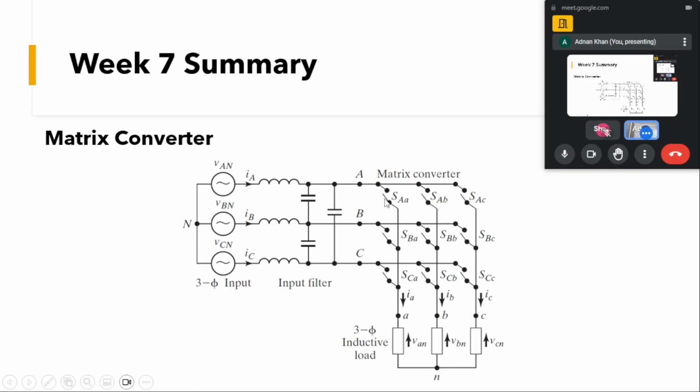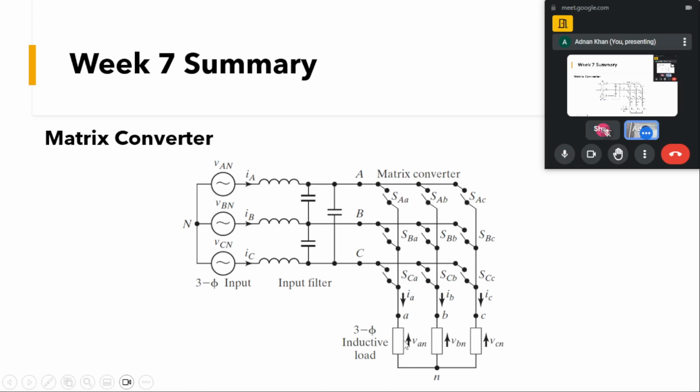You can see we have 3 bidirectional switches in the A phase, and in a similar fashion 3 switches in the B phase and 3 switches in the C phase. The idea here is that we should be able to connect this A phase to any of the output phases.